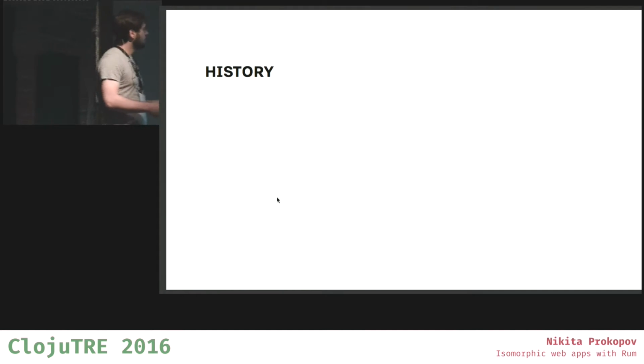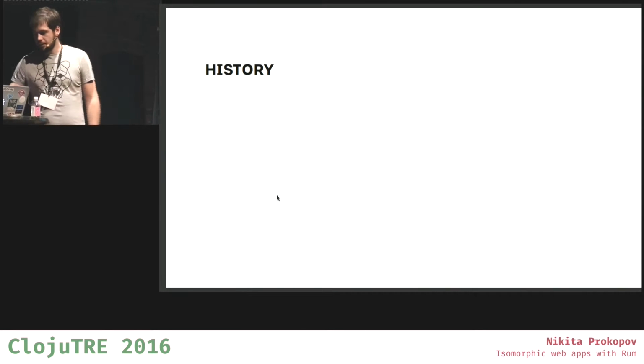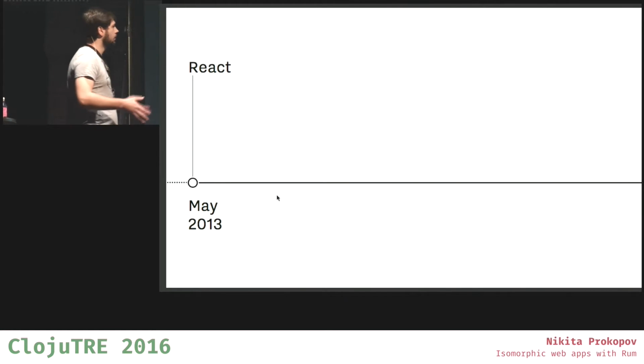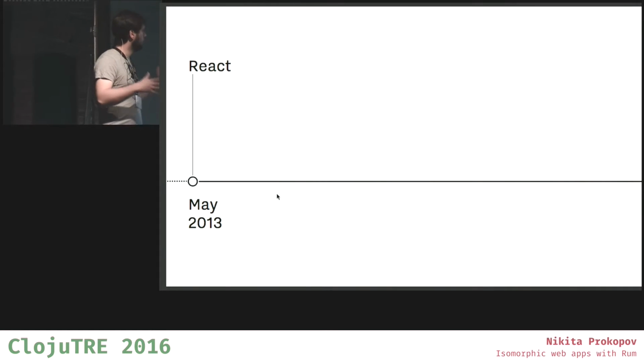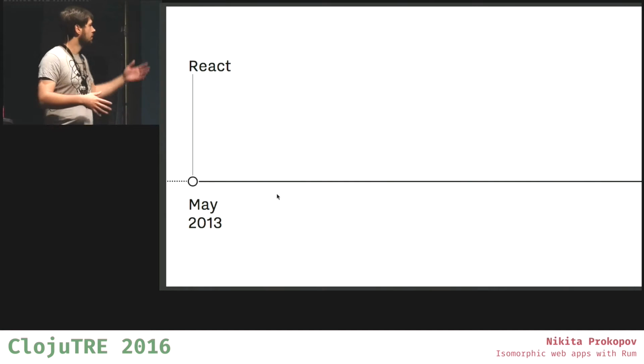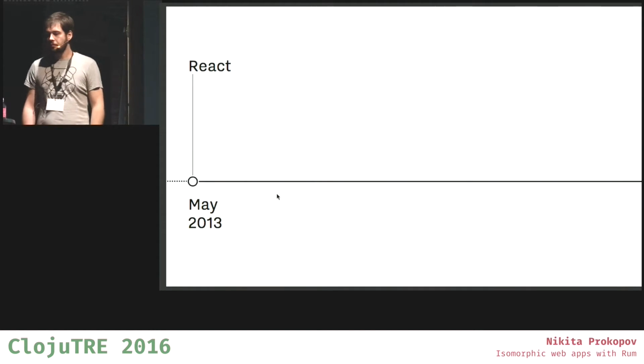But to understand why this library exists, we need a little bit of history. The front-end development of the JavaScript world and the front-end web UI world is divided in two parts. The first part is before React, prehistorical times, and after React, which are modern times.